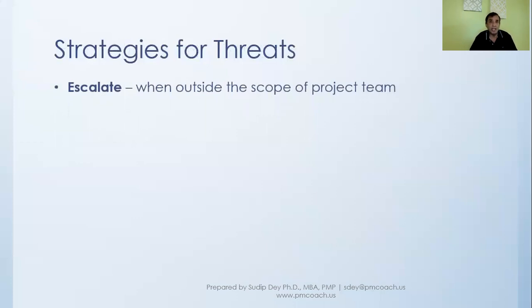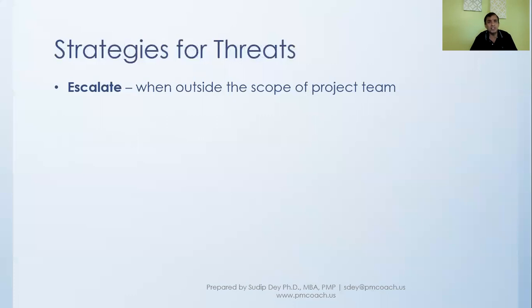Let's say we found a threat, and what we can do about it is outside the scope of the project manager's authority, or the project scope itself. It is not within our control. That is when we escalate this risk to a different level, maybe at a program level, maybe at a portfolio level.